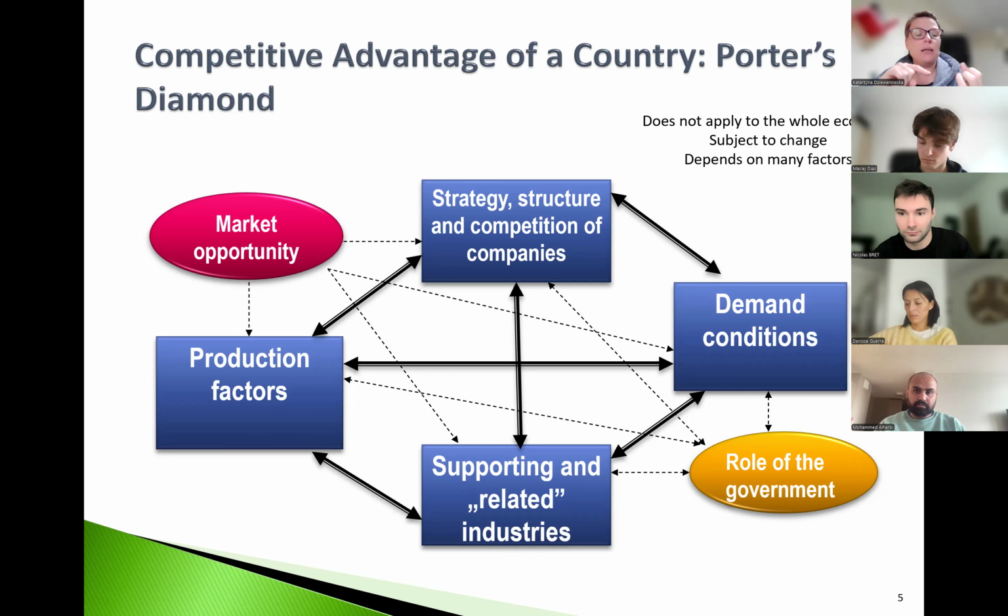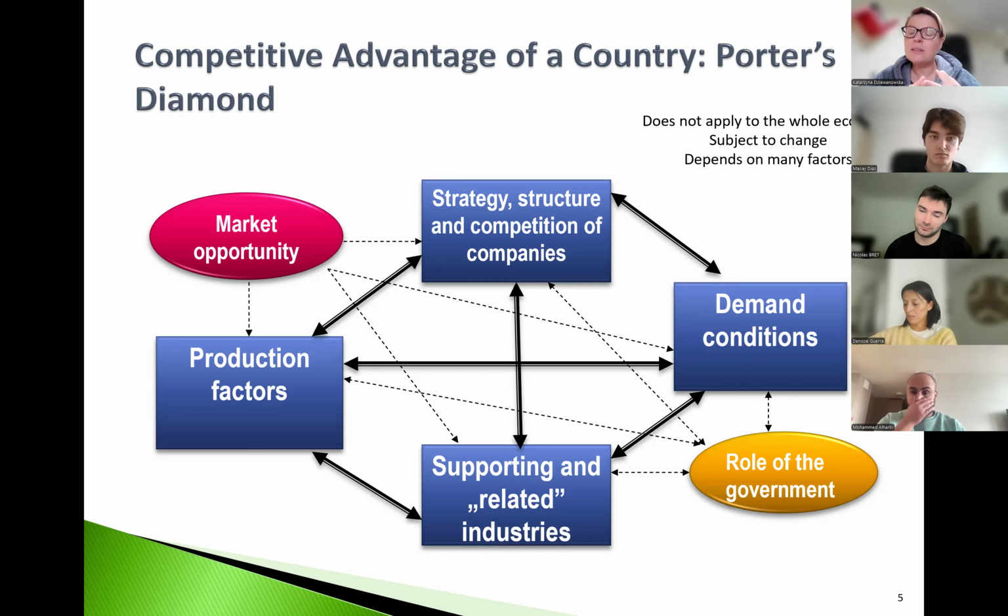If you have a demand that is sophisticated, so your customers are demanding, your customers want more, your customers are not easy to satisfy, that will push you to come up with a better product. If you have a demand that is quickly satisfied, that means that you will have to come up with new products to substitute for the old ones.